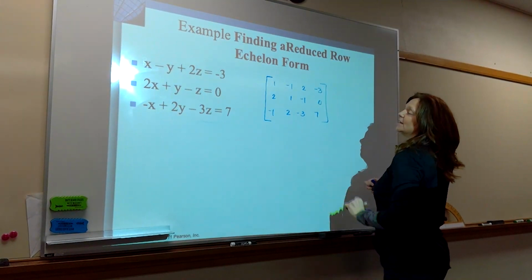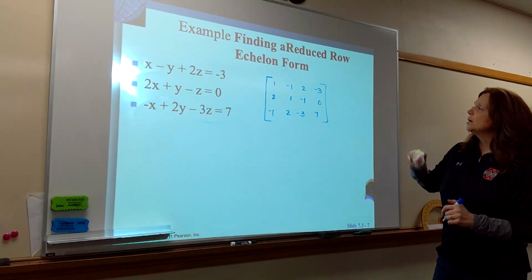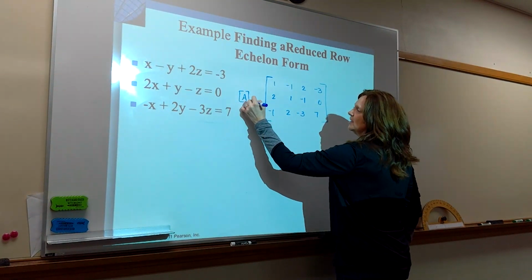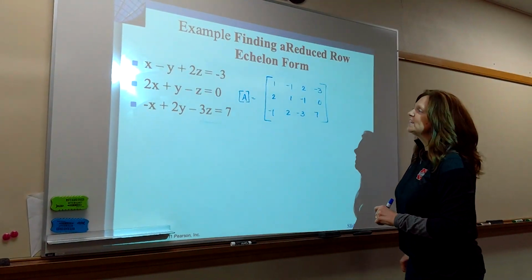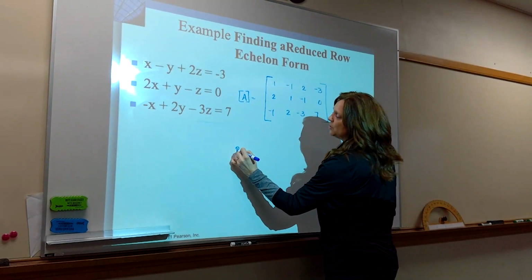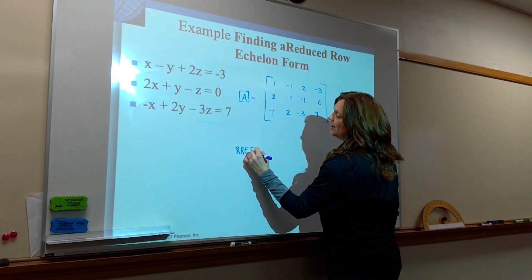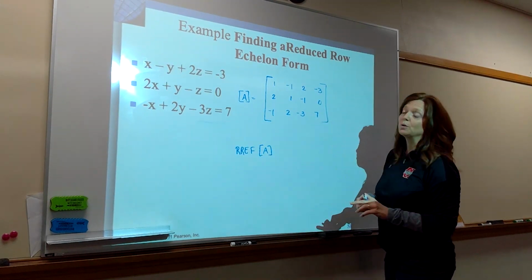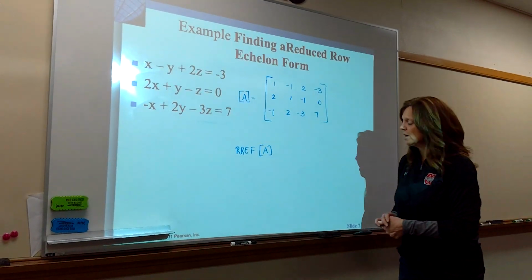So we'll enter that in to our calculator as matrix A. Then after we enter that in, we're going to do RREF on our calculator, matrix A. That's what we're going to actually do. So let me show you how that happened.